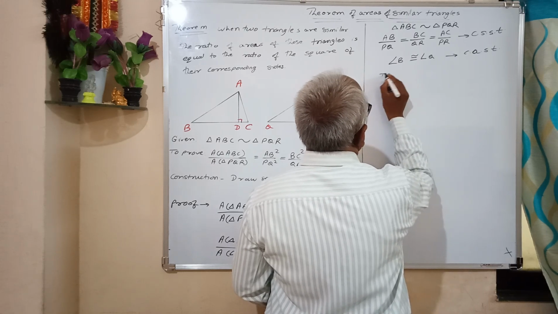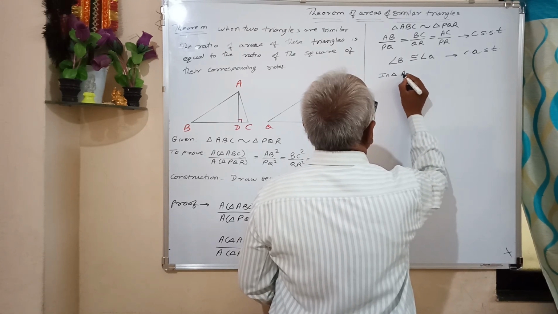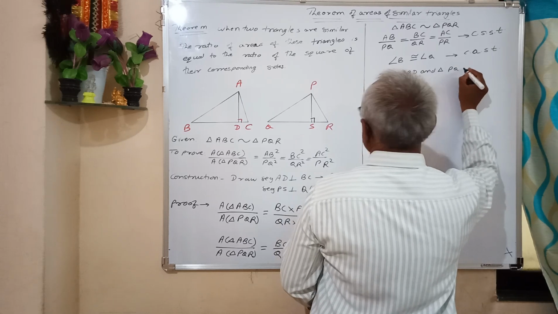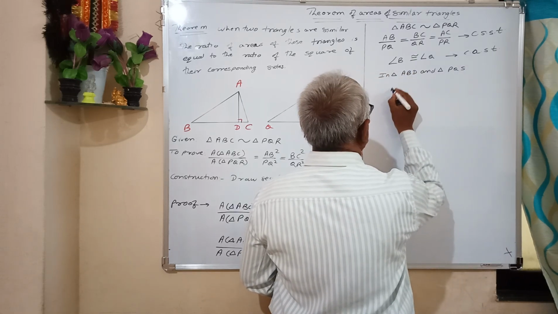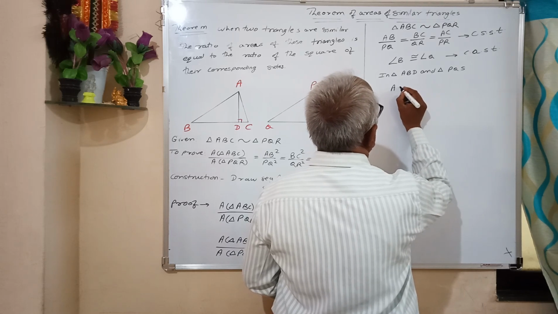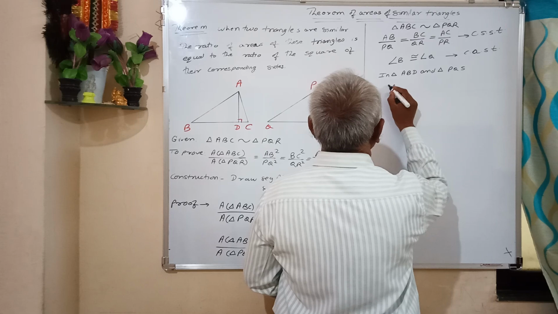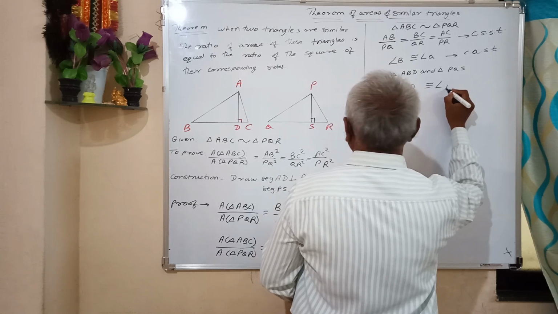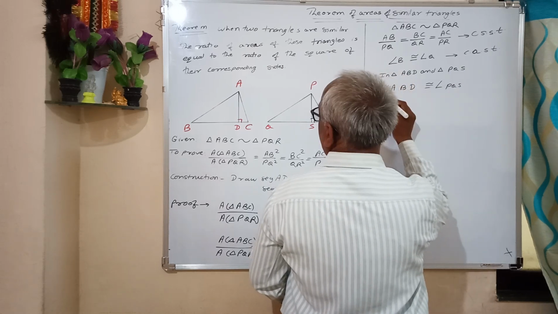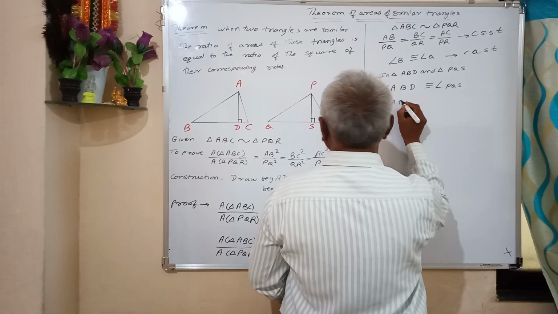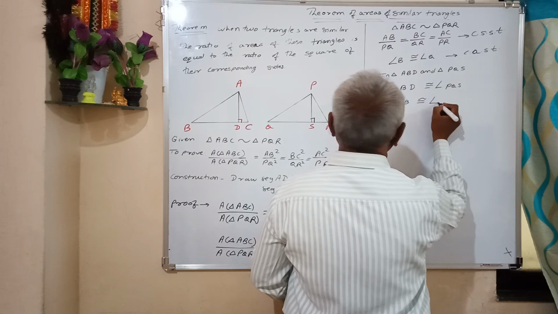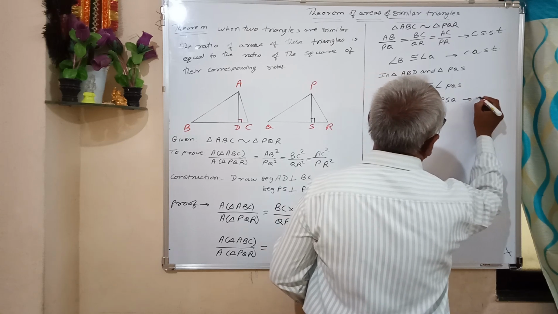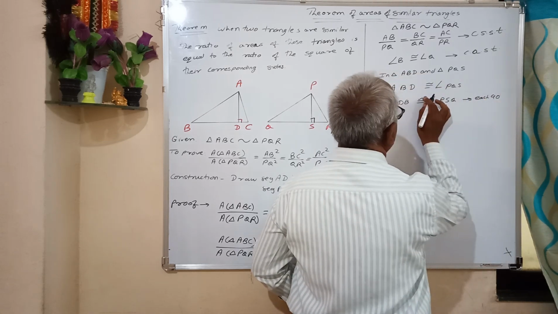Now in triangle ABD and triangle PQS, angle ABD is congruent to angle PQS, and angle ADB is congruent to angle PSQ, that is each 90 degrees.